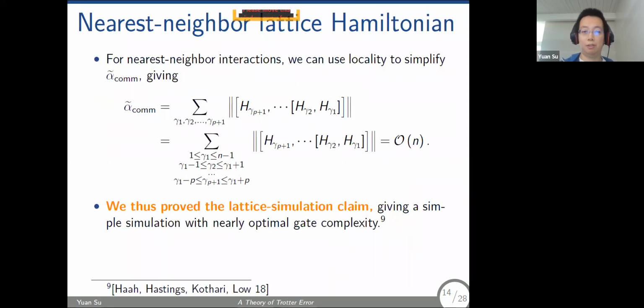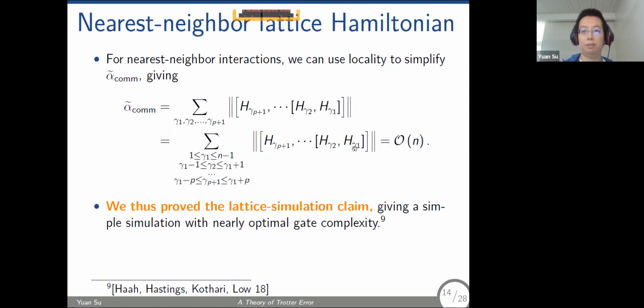Remember, the important quantity that we need to understand is this alpha commutator. So let's try to do that. By definition, it is given by these nested commutators. We can further try to simplify this nested commutator. We can start with the innermost layer, this H gamma 1. It has n choices or n minus 1 choices, depending on our convention.